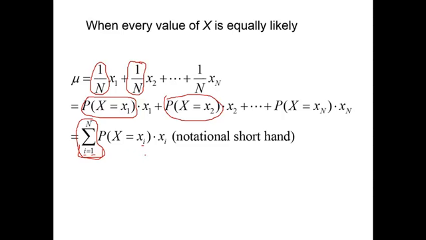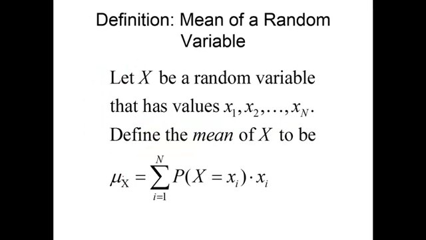But it's just a notational shorthand to keep us from having to write this out every time. Switching the notation enables me to talk about something when I have a different probability going on than just equally likely outcomes, and we'll talk about this in a bit.